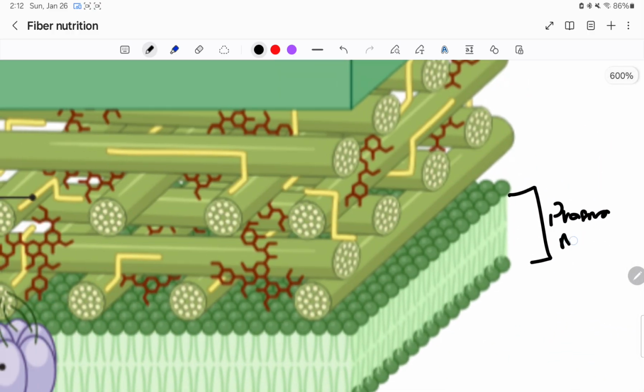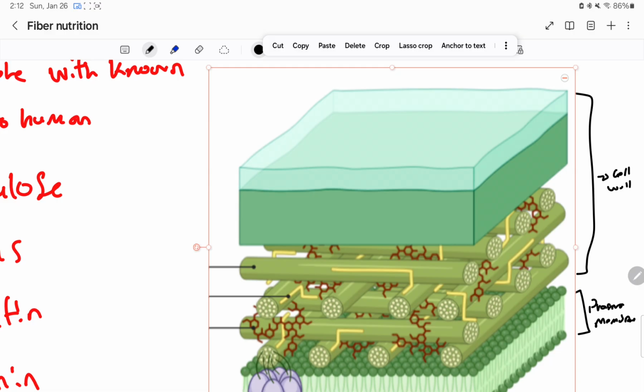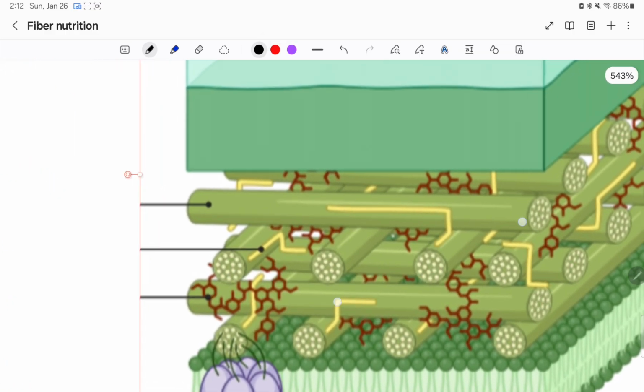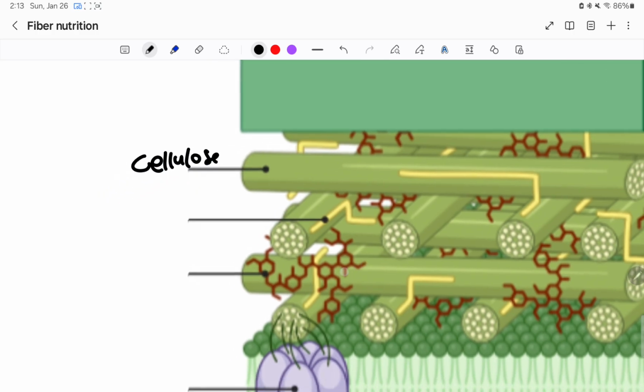It's got a plasma membrane and it has a cell wall. So this whole portion is going to be the cell wall, and we're going to look at some of the components of that. For example, this little greenish tube is going to be made up of a whole bunch of cellulose.